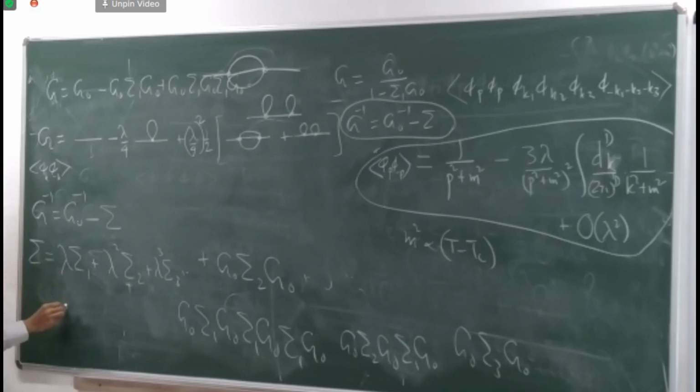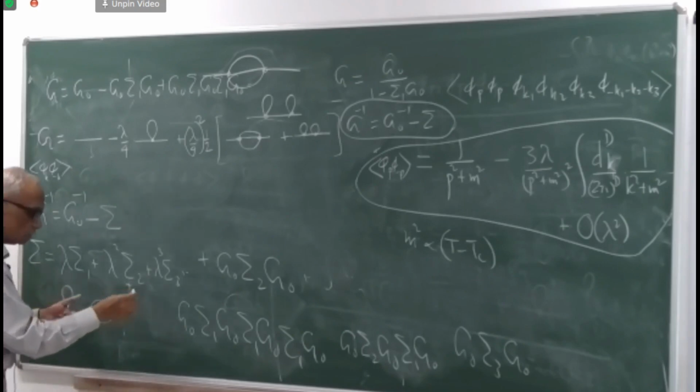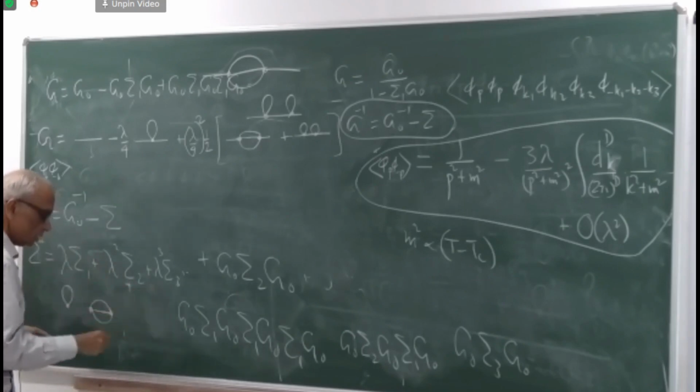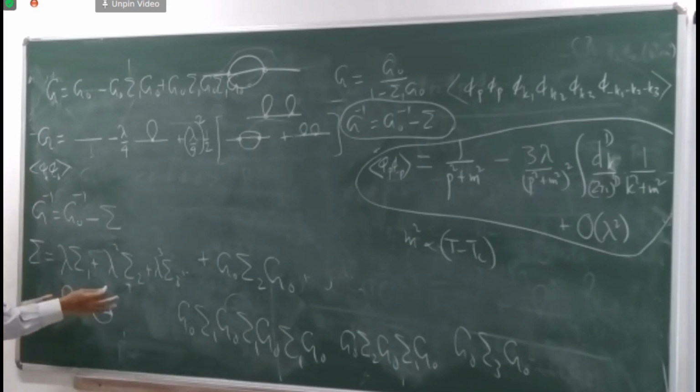So first order, it is this. Second order, it is this. And similarly, the third order, whatever the thing is, you construct that.